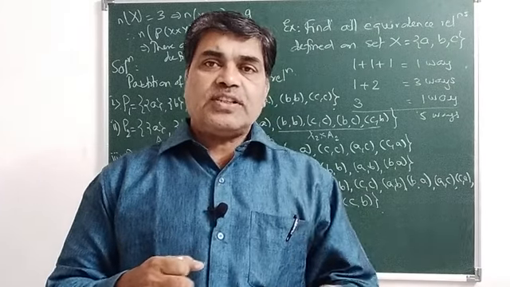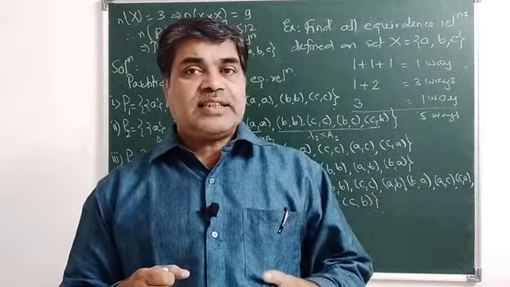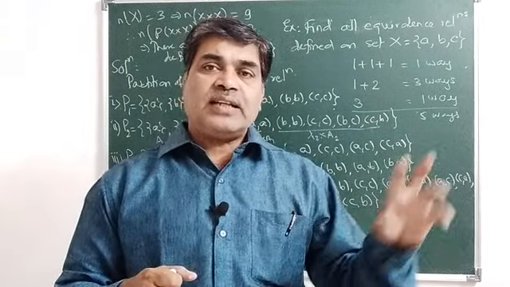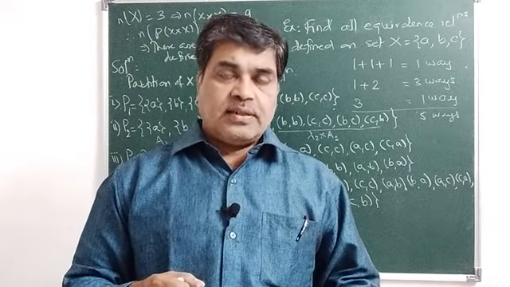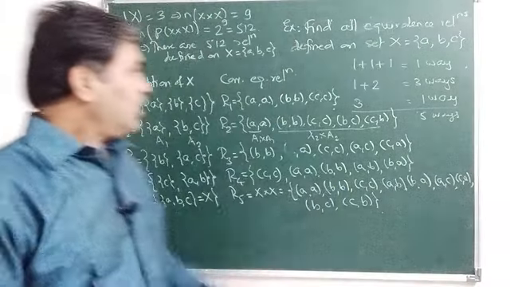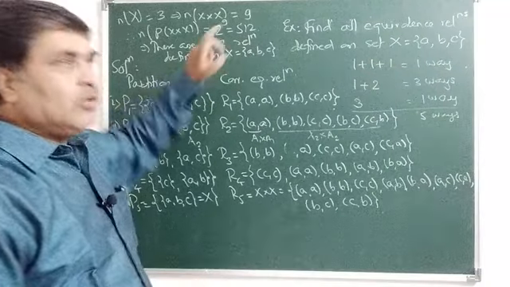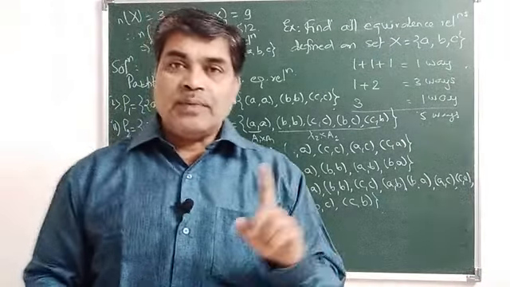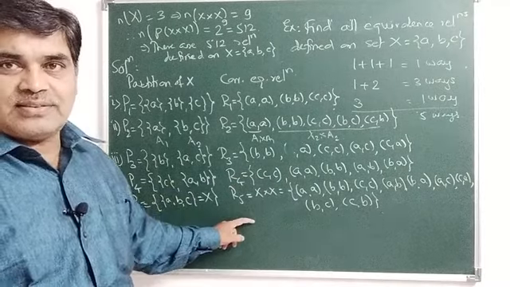So how many relations can be defined on a 9 element set? If the given set has k elements, then its power set contains 2 raised to k subsets. So on that way, for a 3 element set, there exist 2 raised to 9 relations, and among those, only 5 relations are equivalence relations.